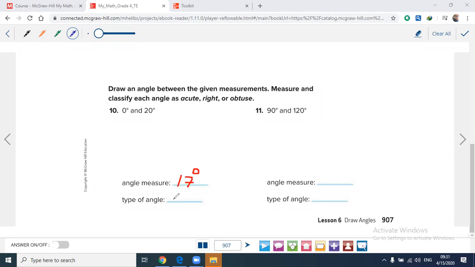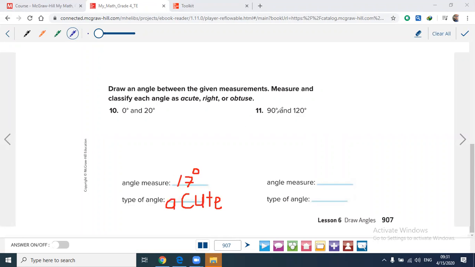So this will be an acute angle. 17 is not fixed. As you like, make it 15, make it 10, as you like, but I gave an example for 17.